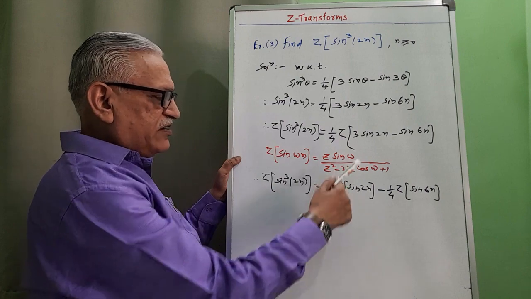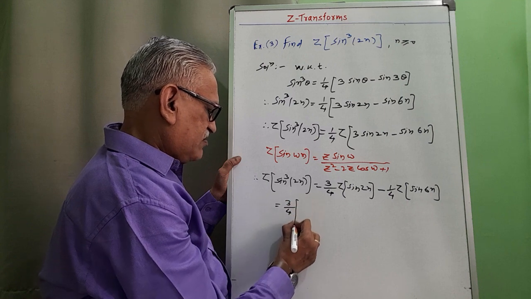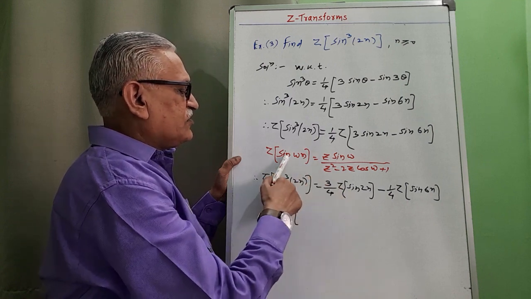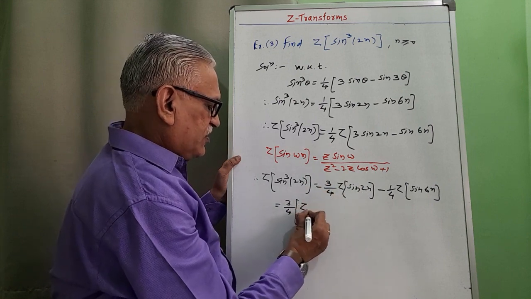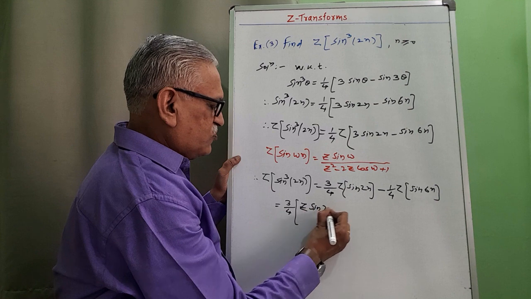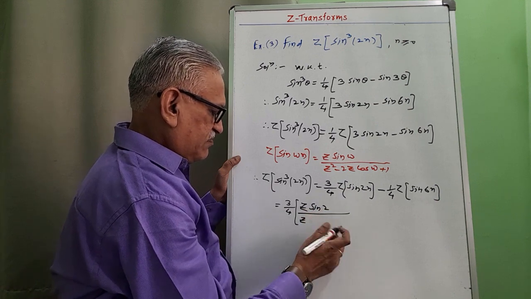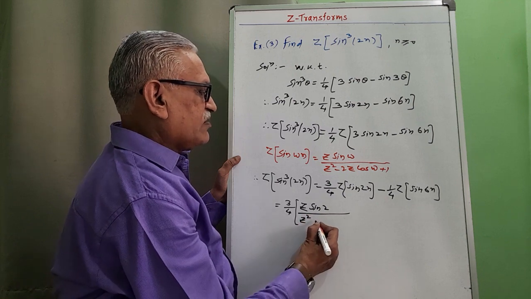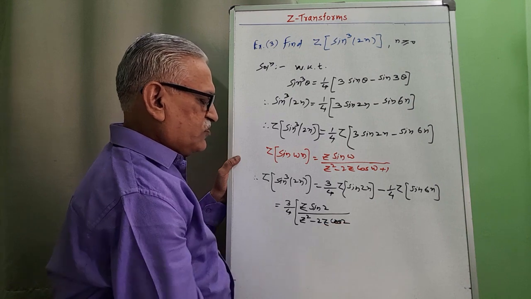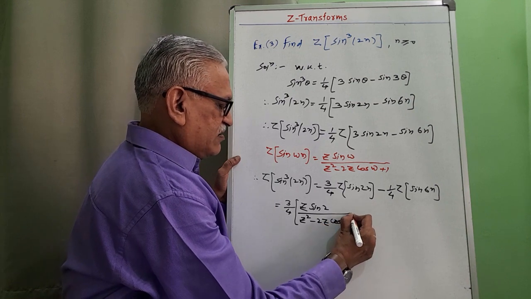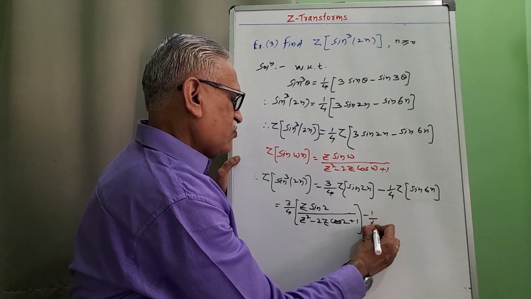and then applying the standard result we get 3/4 as it is. Z of sin ωn is Z sin ω, ω is here 2, and therefore Z sin 2 divided by Z² minus 2Z cos 2 plus 1, minus 1/4.